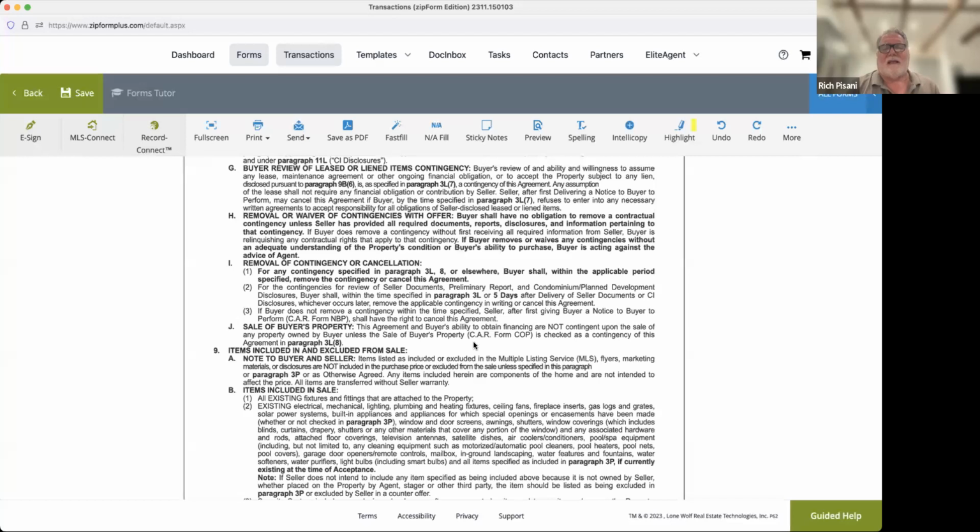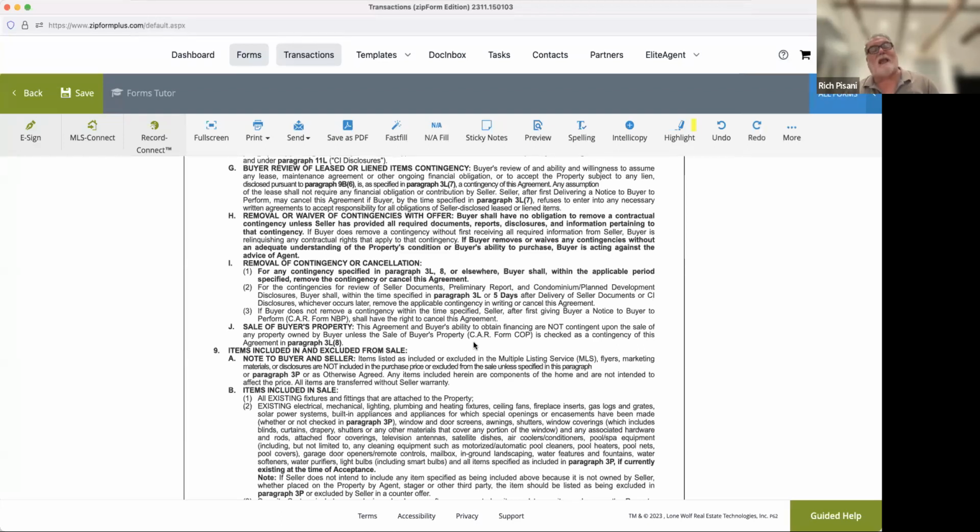For any contingency specified in 3L8 or otherwise, buyer shall, within the applicable period, remove the contingency or cancel this agreement. But remember, this is an active contract. And these are active contingencies, meaning they cannot be removed unless they're removed in writing.